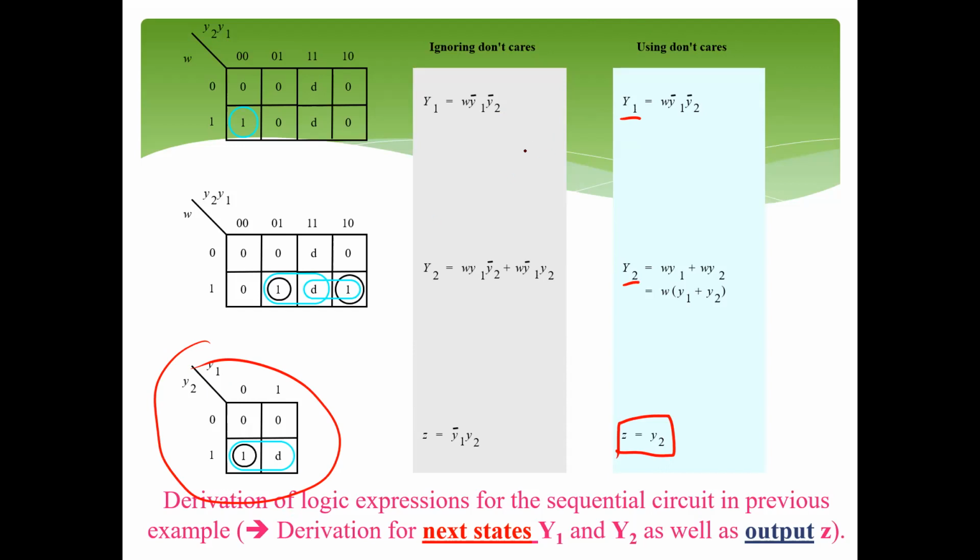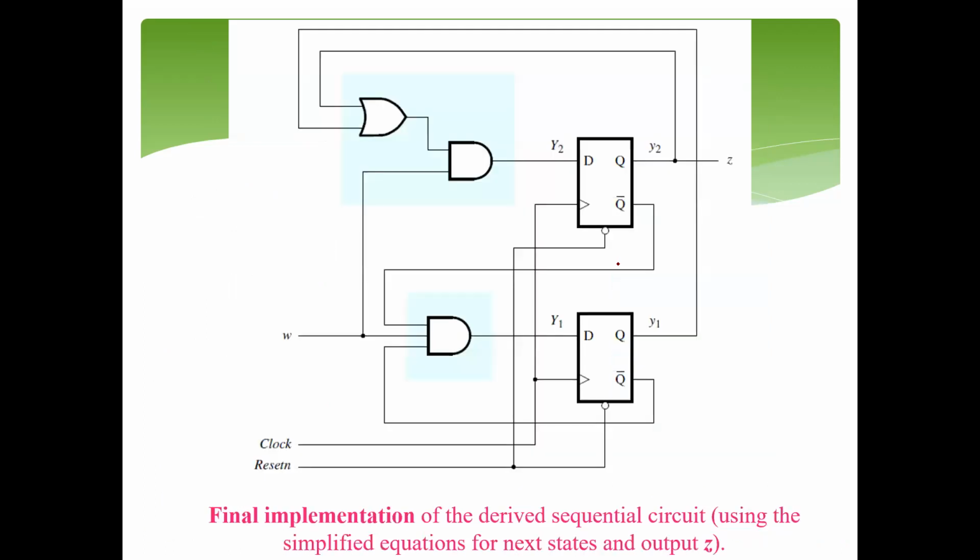So you fill the K-maps for Y1 and Y2, and then do the K-map minimization. You come up with Y1 equal to W Y1 bar Y2 bar, and Y2 equal to W or W and Y1 or Y2. So you come up with these equations, and then you draw the circuit.